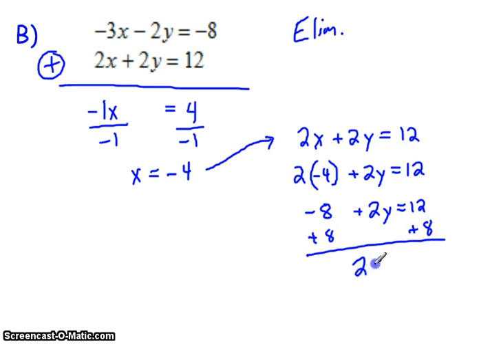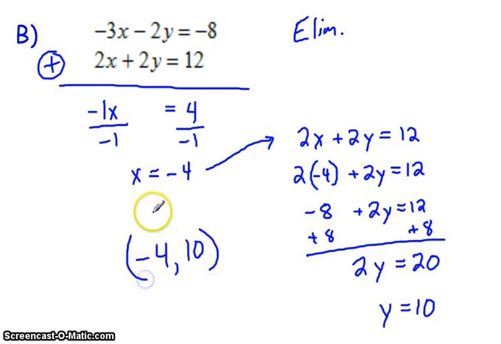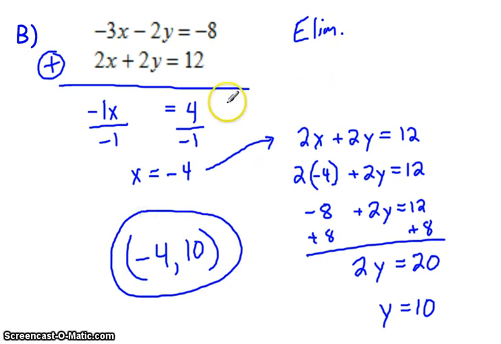I get 2y is equal to 12 plus 8 is 20. 2 times what gives me 20? That's got to be 10. So my answer here would be negative 4, comma 10. Definitely easier to do with elimination. Substitution, we would have had to solve one of these and isolate one of the variables, either the x or the y. Definitely more work than we need to do.